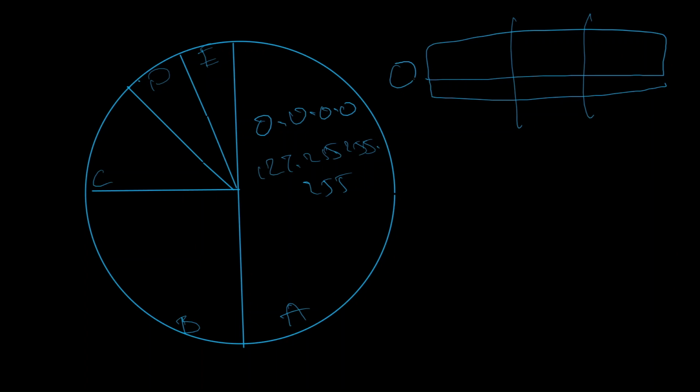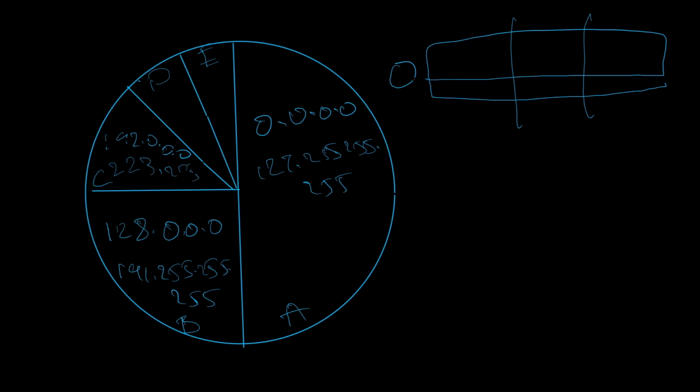And the second range is from 128.0.0.0 to 191.255.255.255. This is class B range, and the class C range starts from 192.0.0.0 to 223.255.255.255.